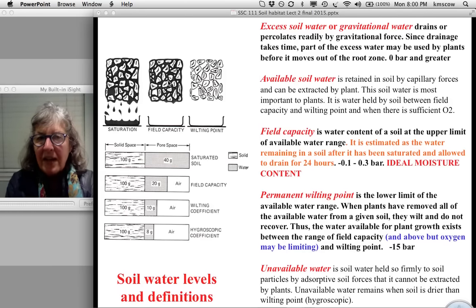So field capacity is the water content remaining in soil. This is just a rule of thumb definition: what remains in soil after it's been saturated and then allowed to drain for 24 hours.